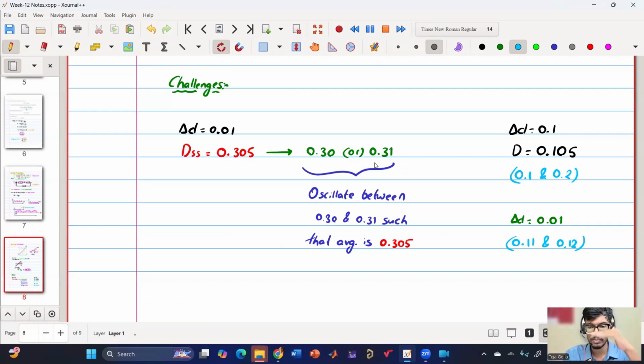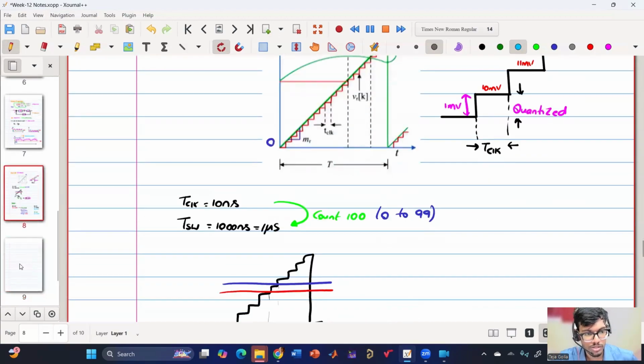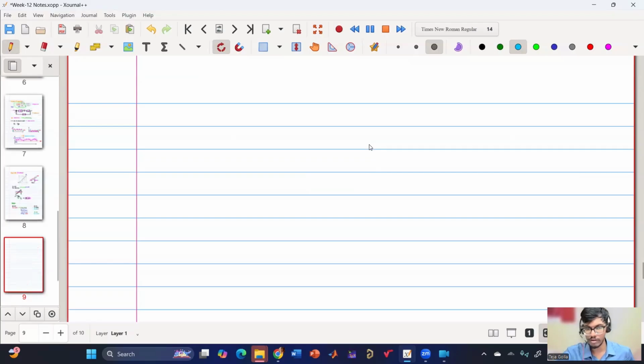Okay, so now this we have discussed in the time domain, like in the x-axis. Now let us see what will be the issue in the y-axis. So this is one type of challenge. Can you guess what could be the issue in the y-axis? Like in the x-axis, we have seen that if the duty ratio is not perfectly aligned with the resolution, there is an issue. Now can you think of something that can happen in the y-axis?